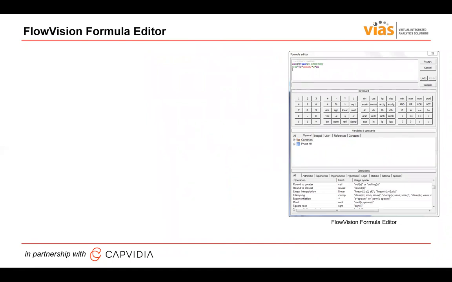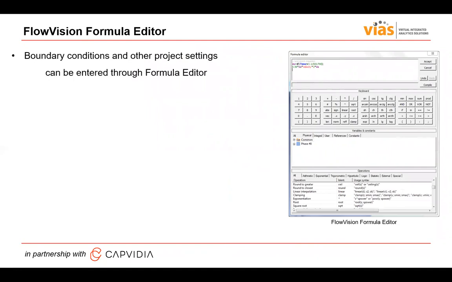Then another flexibility or user friendliness aspect is the FlowVision formula editor. As you can see, it seems like a simple calculator, and you can open it in the definition of any kind of boundary condition or any kind of settings. Instead of entering just a constant value, you can easily open this window and start writing formulas.